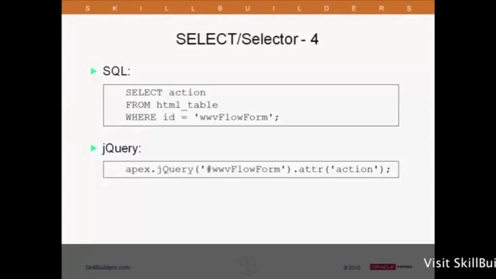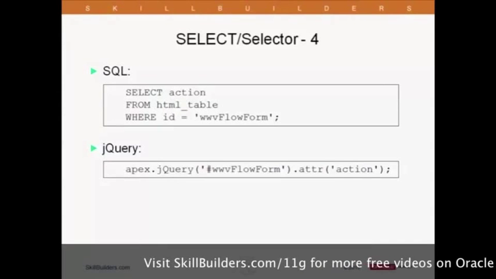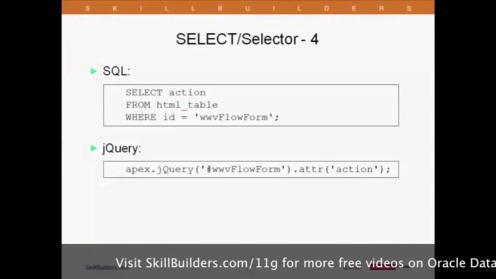So if I select action from the table for that particular row, I'd expect to see the actual value, right? We can do the same thing in jQuery. This time the same selector, only rather than .length, which would give me the count, I'm using the method attr for attribute. And I simply specify which I want. It looks very much alike, right?